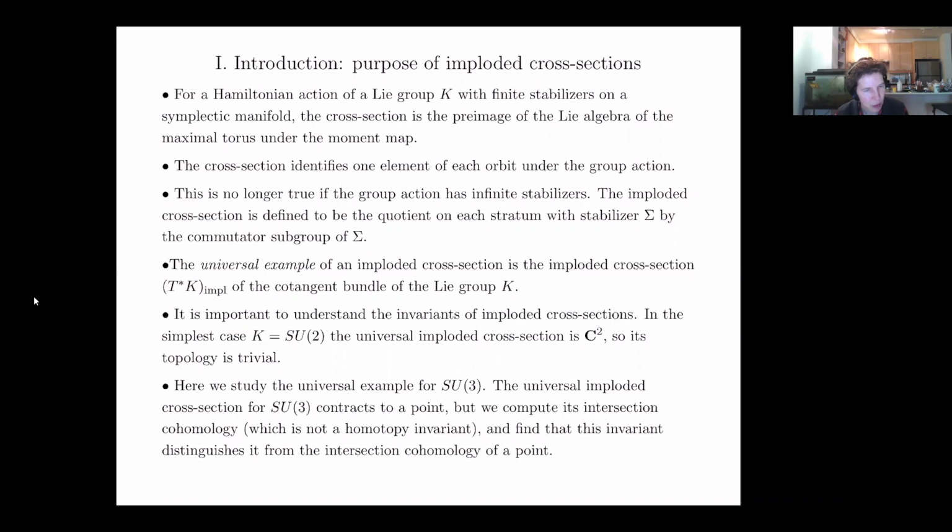And in order to define something where the strata are symplectic, what you have to do is quotient by the commutator subgroup on each stratum. Then you get something that is not actually smooth, but it's a stratified symplectic space. So I'll get to some examples.